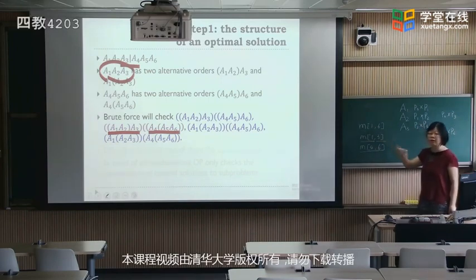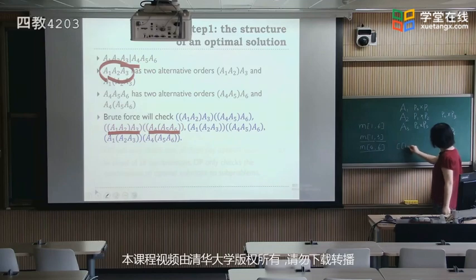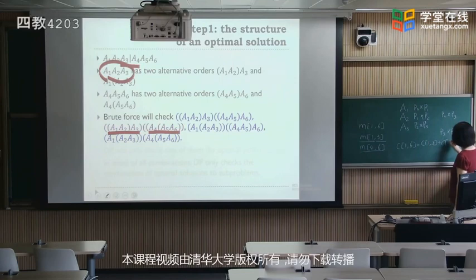So the cost for the matrix chain multiplication of A1 to A6, let's say the cost from 1 to 6, is the cost we use to multiply the first 3 matrices and the cost we use to multiply the last 3 matrices, and finally the last multiplication, and the cost is P0 times P3 times P6.